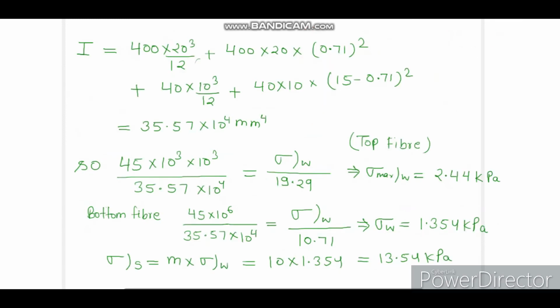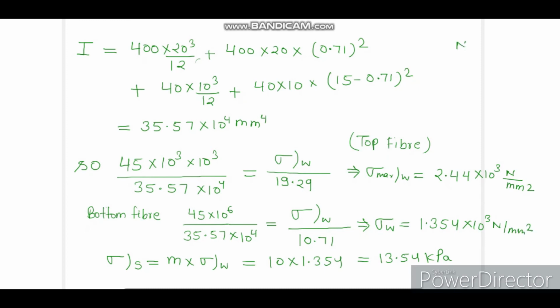After putting in these values, we determine that the maximum bending stress in wood is 2.44 into 10 raised to power 3 Newton per mm squared.